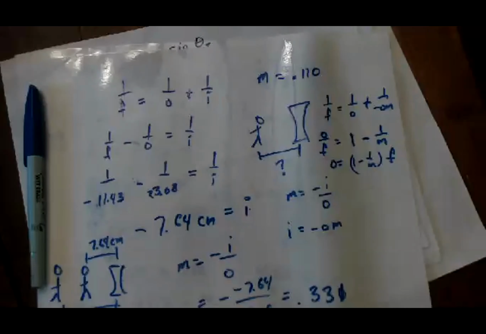Since we're talking about the magnification, is there any case where we're only talking about the magnification and not where the image should be? Like I is going to be the same and all we have to change is M, like how big or how small the image is.